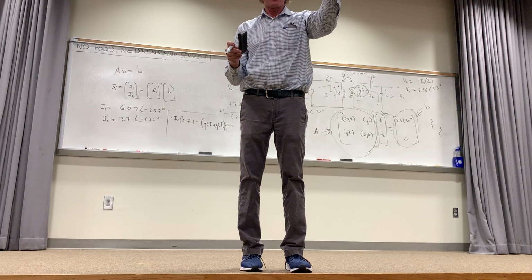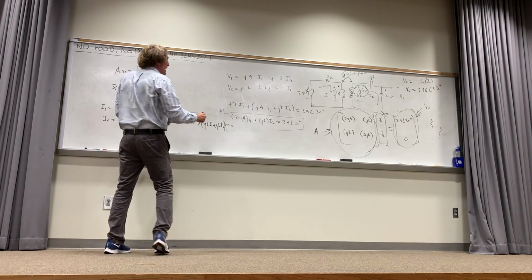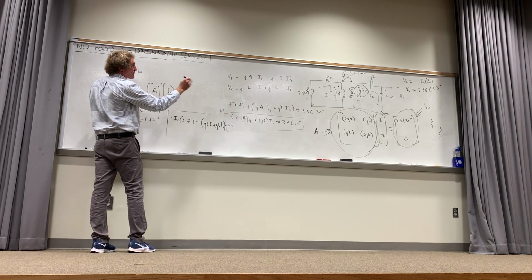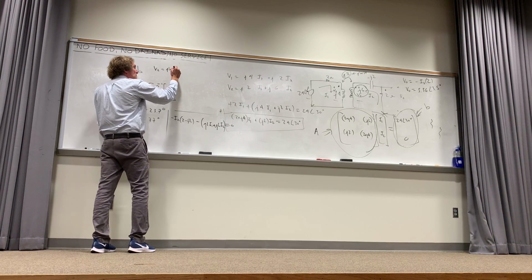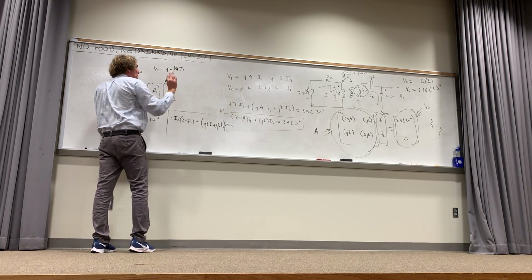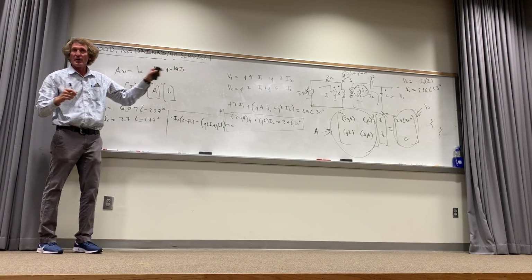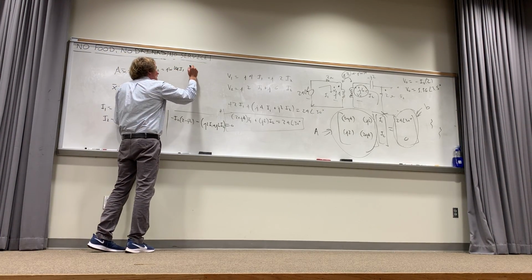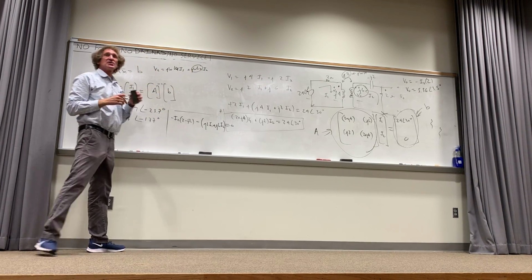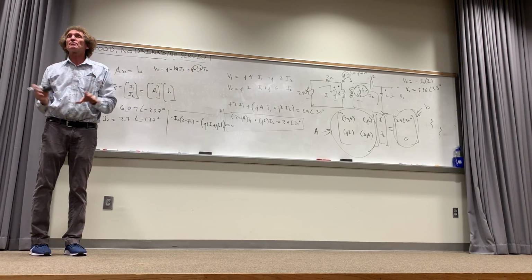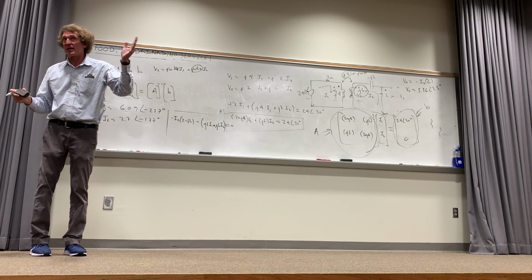For V2 in general, it's equal to J omega times the mutual times I1, because we're talking about the voltage on the secondary, so the mutual affects the primary current, plus J omega L2 times I2. That was J6, and it was stated in the problem. You didn't have to use omega times L to get that. It was a given.